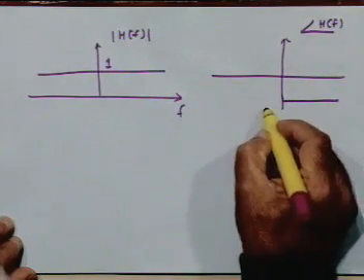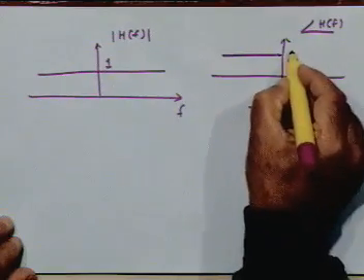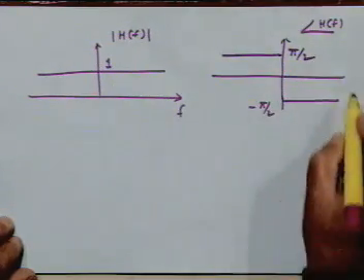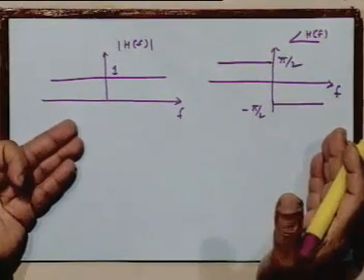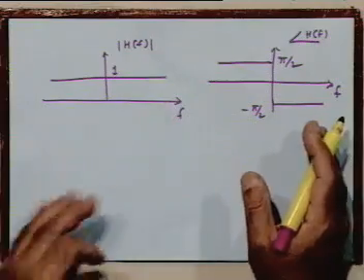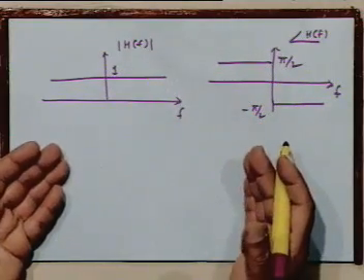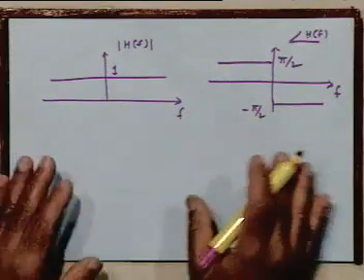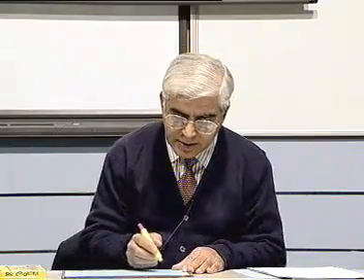Minus pi by 2 for positive frequencies, and plus pi by 2 for negative frequencies. So this also is a description of the Hilbert transform. This is the magnitude plot, this is the phase plot. So the question was, how do we show the magnitude and phase plots of the Hilbert transform? This is how they look. Okay. All right.